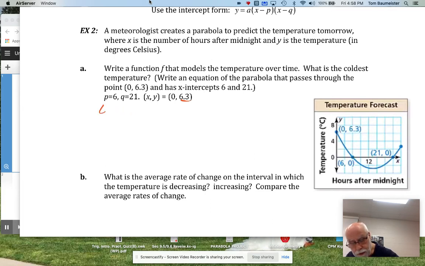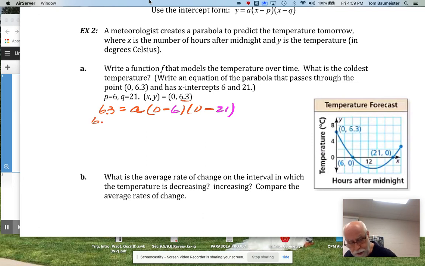So I'm going to say 6.3 is equal to, again, here's my a, and in this case now, our x value was 0. So I'm going to say 0 minus, well, my p is 6 there. My other one is 0 minus, my other x-intercept was at 21. All right, so now I'm going to do the same thing here.